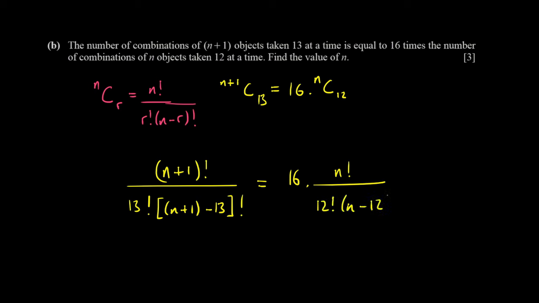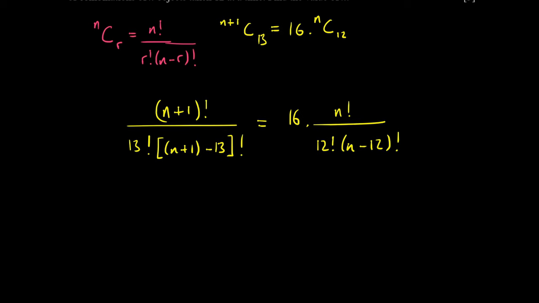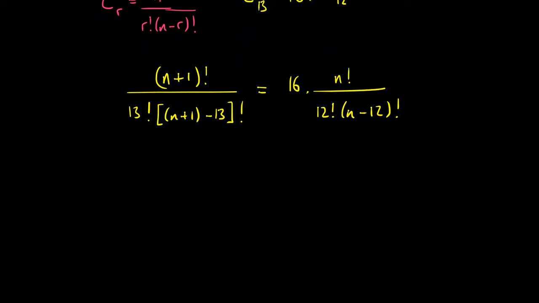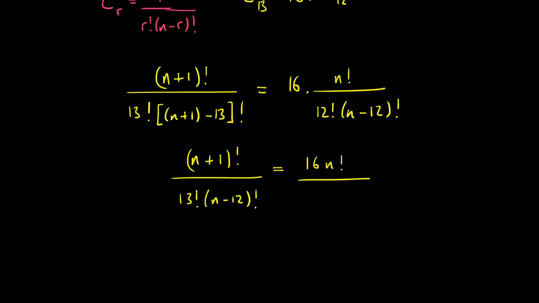All right, now at this stage, we are going to have to simplify as much as we can. So let's do the top. We've got n plus 1 factorial over 13 factorial. Now, n plus 1 minus 13 is the same as n minus 12 factorial. And over here, we get 16 n factorial over 12 factorial, n minus 12 factorial.